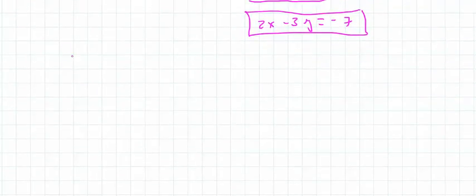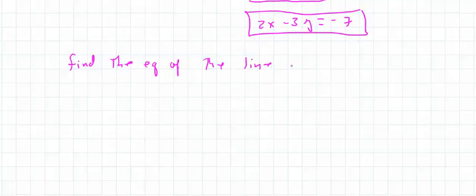And we want to find the equation of the line. Told you this was going to be longer. With slope of negative 3/4, and my point that the line goes through is 5, 7.